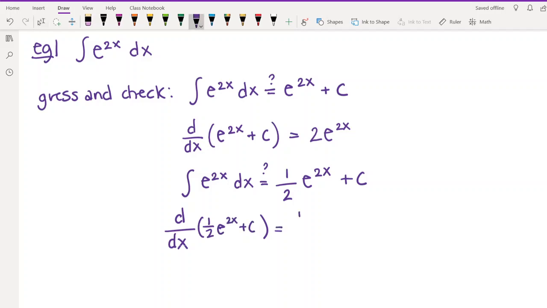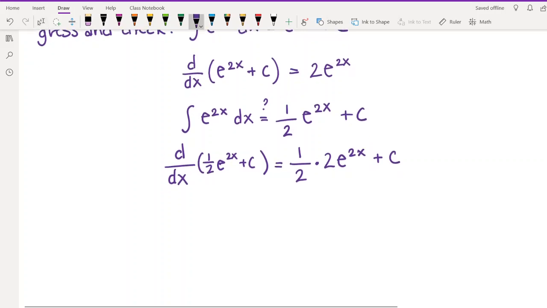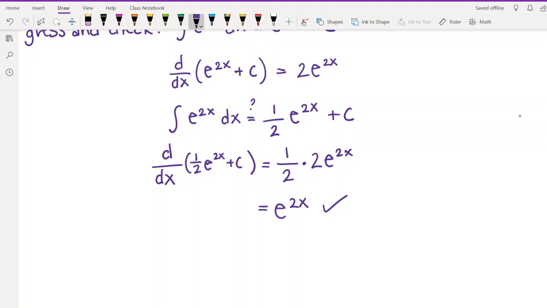Well, now we have 1/2 times 2e to the 2x, because we know that the derivative of e to the 2x is 2e to the 2x, and now when we multiply it with 1/2, that simplifies just to e to the 2x. And so this is the correct answer. So we just figured out that the antiderivative of e to the 2x is 1/2 e to the 2x plus c.